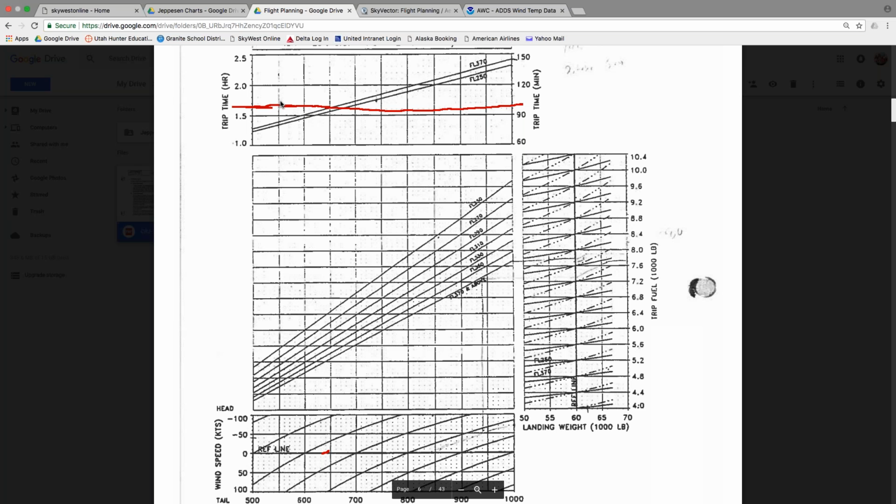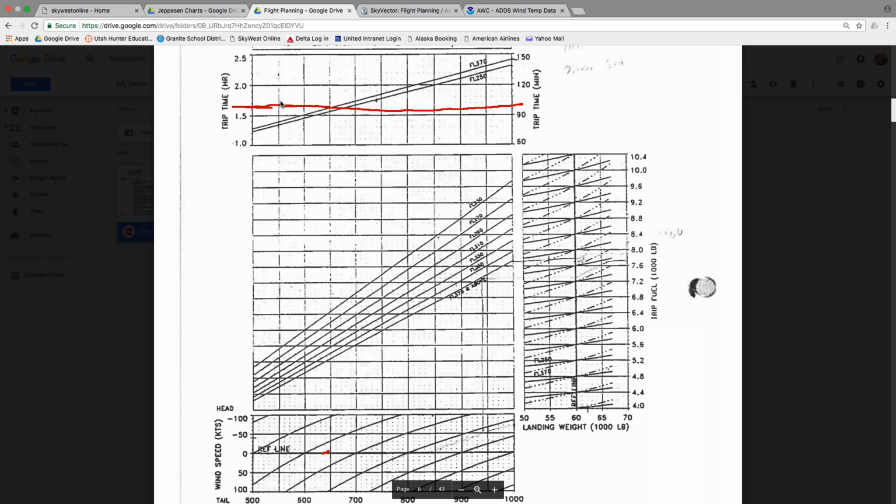3,600 minutes. Well, an hour and 40, so 106 minutes. So 1.6 hours is 96 minutes.